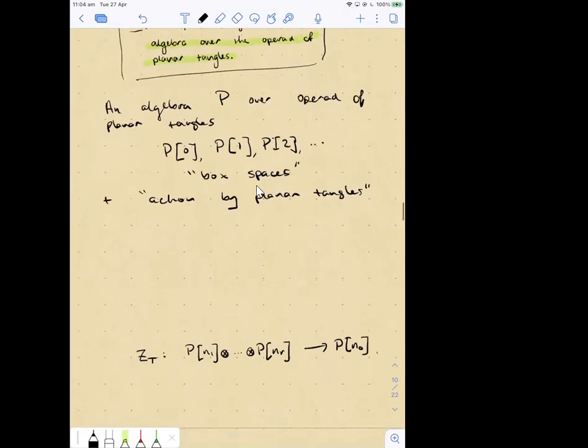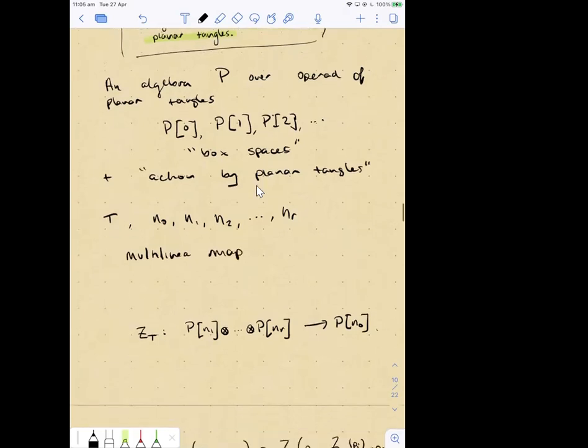What we mean by this action by planar tangles is that for any tangle T, which has n0 marked points on its outer disk, and then n1, n2, through nr points on its 1, 2, 3 through r disks, we have a multilinear map ZT, which goes from the n1, n2, n3, through nr box spaces to the n0 box space.